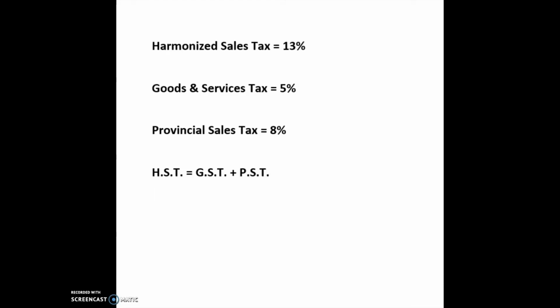Okay, 13% equals 5% plus 8%. When you and I buy something, we pay HST. When an importer imports something, they only pay 5% GST. But the mechanism I'm going to speak of in a second is still the same.